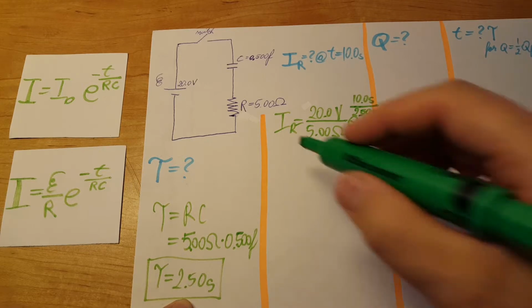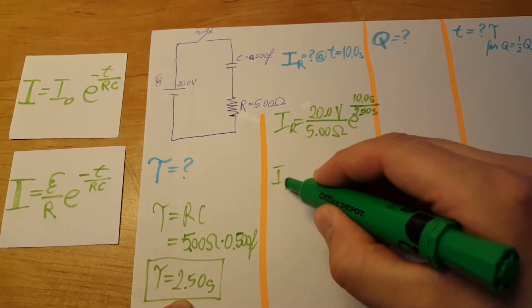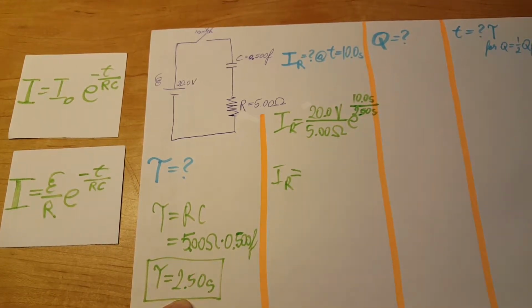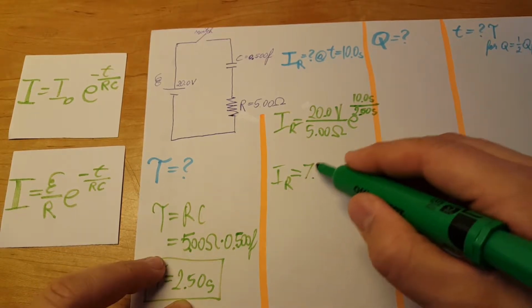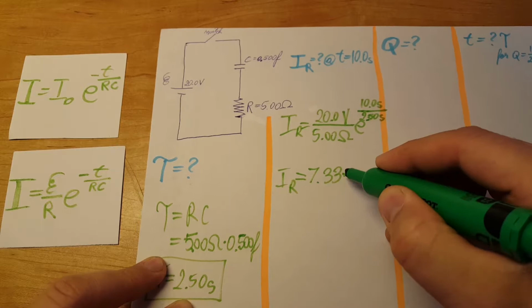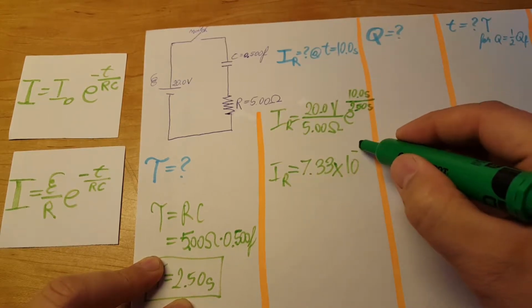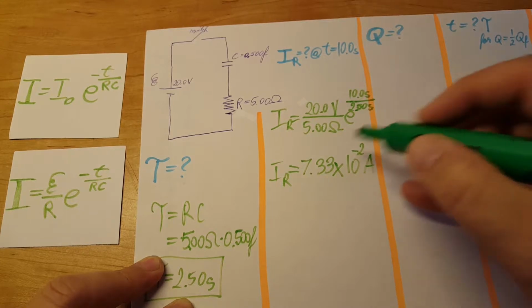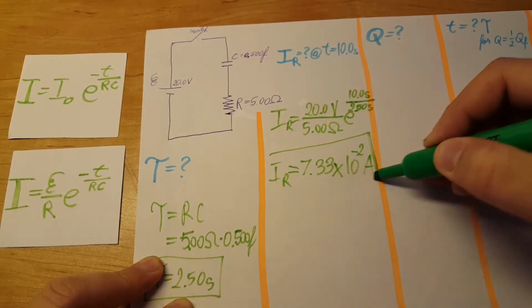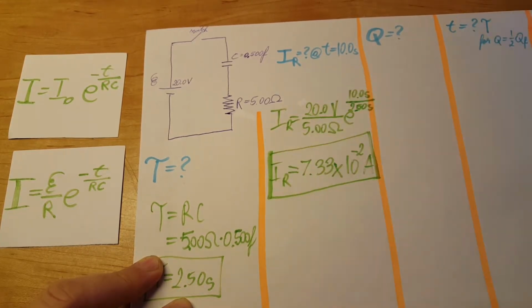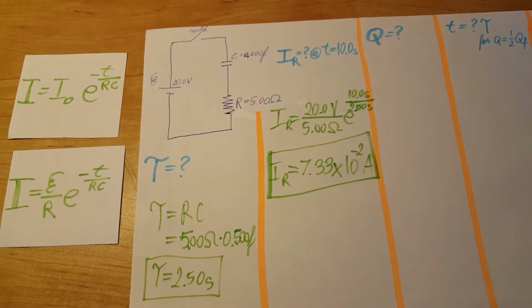I_R equals, if we plug it in a calculator, we'll get 7.33 times 10 to the negative 2 amps. There you go. That's the second part.